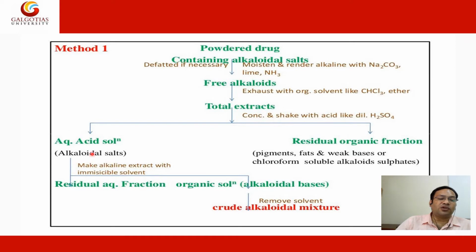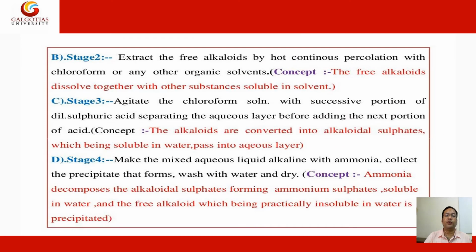After this, an aqueous solution of acid containing the alkaloidal salt is formed, and the residual organic fraction contains pigment, fats, weak bases or chloroform-soluble alkaloid sulfates, while the residual aqueous fraction contains alkaloidal bases. Remove the solvent to obtain the crude alkaloidal mixture. Okay, so mostly method 1 is used.